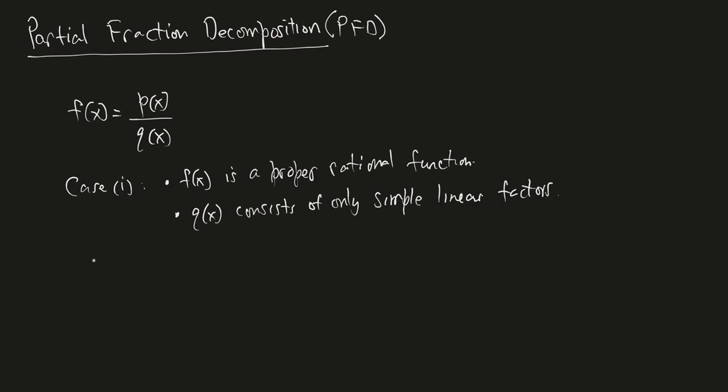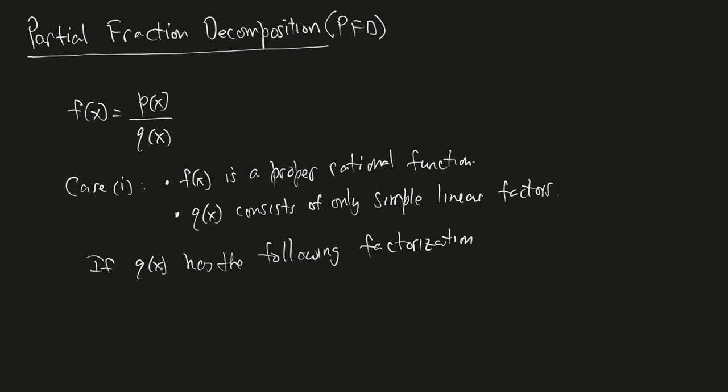So if q of x has the following factorization, and notice it's not telling us how to factor. That's something we're going to have to figure out, so we're going to have to rely on our algebra skills for that.